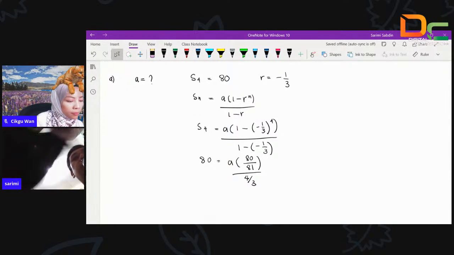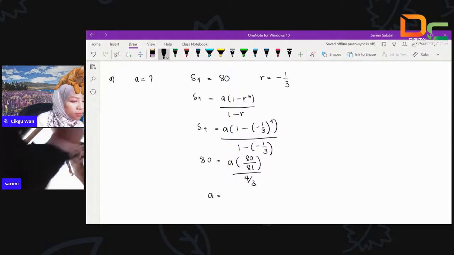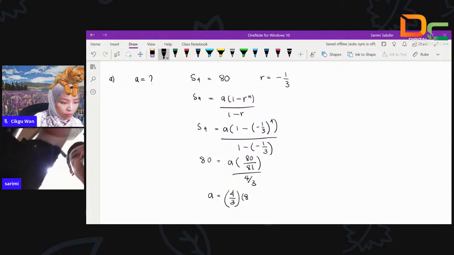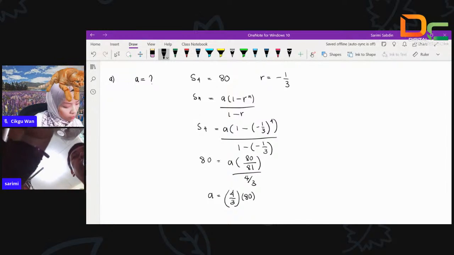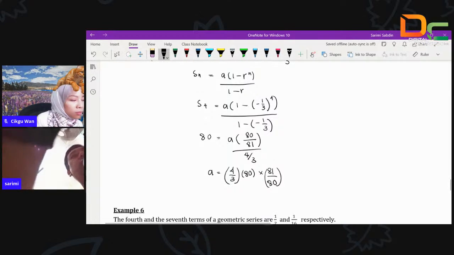Okay, so we can bring all this information to the left hand side. So A is equals to 4 over 3 times 80, times 81 over 80. Because here is multiply, so bila pindah sana dia akan terbalik lah. And then we can eliminate 80.